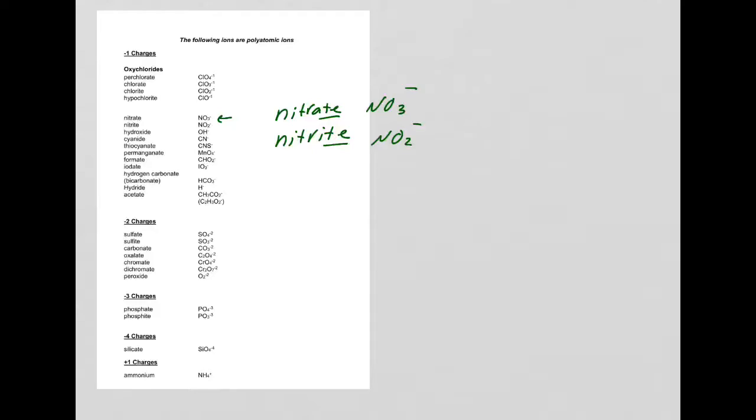So when you have one less oxygen, the name ending changes from -ate to -ite. That's one way to think about this. So here I have sulfate. Sulfate is SO4 minus 2. Without looking at this, don't look at this. What do you think sulfite would be?